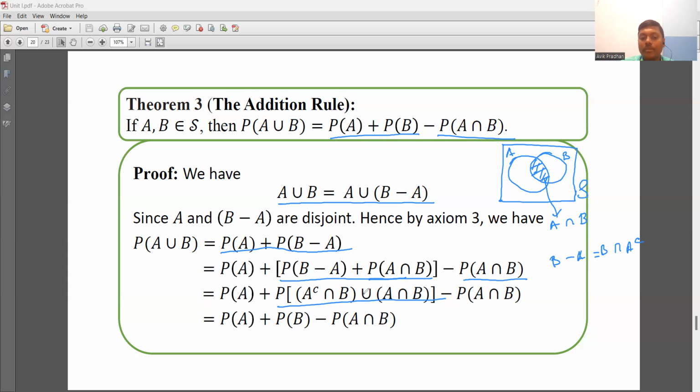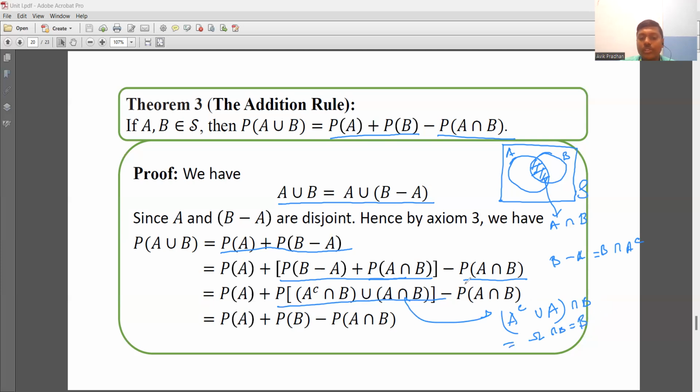Now, if I join these two things, it is nothing but this. So this can be written as A complement union A intersection B. So this will actually give us omega intersection B, which will be equal to B according to set theory.